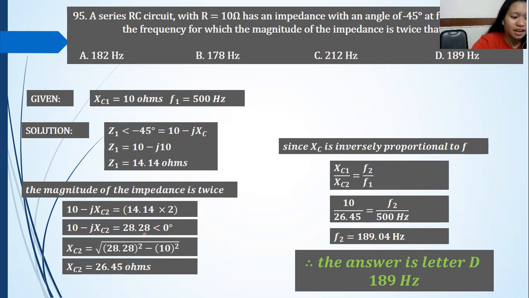So we have here Z2 is equal to 14.14 times 2, which is 28.28, and the angle is 0. So 10 minus jXC2 is equal to 28.28.